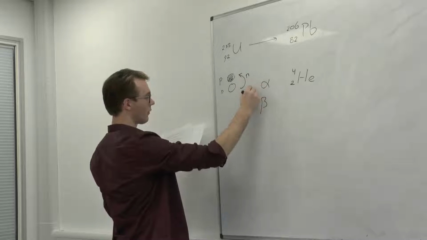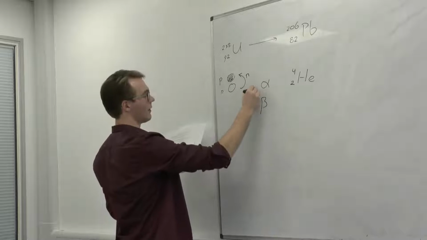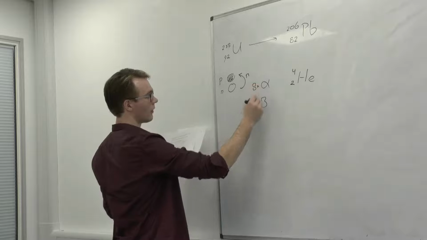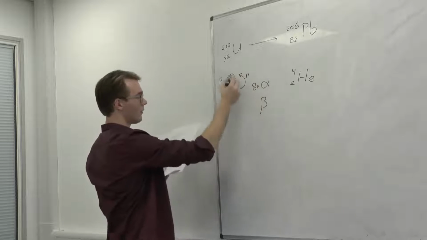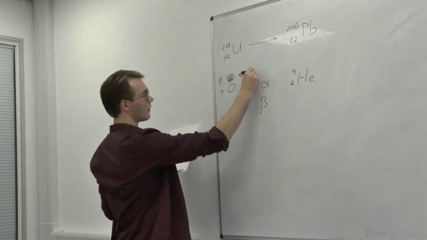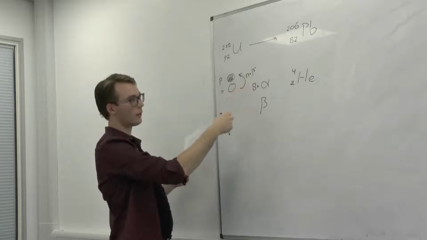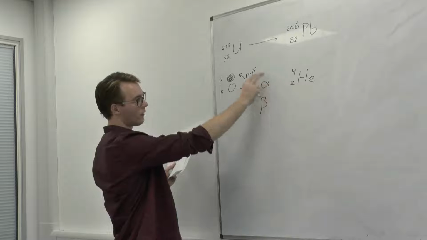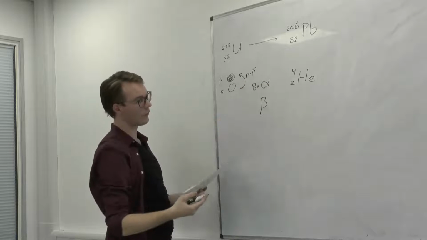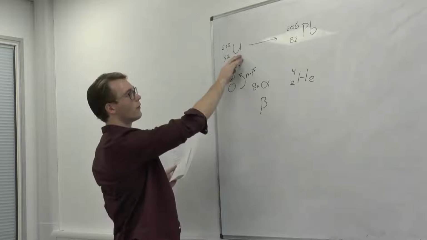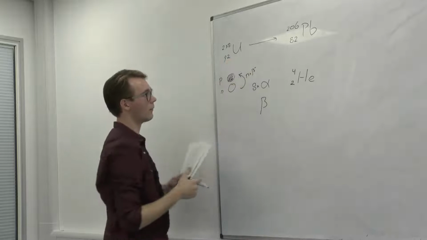And the question is, how many times does this beta minus decay have to occur, if alpha decay occurs 8 times, to go from this uranium atom into this lead atom?